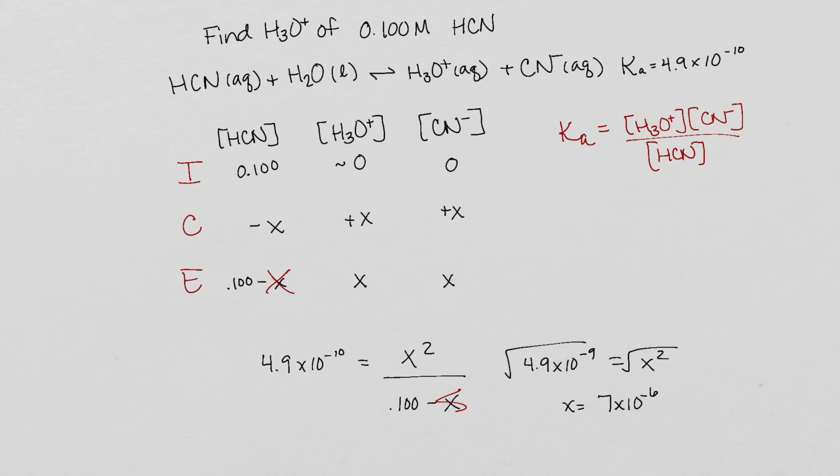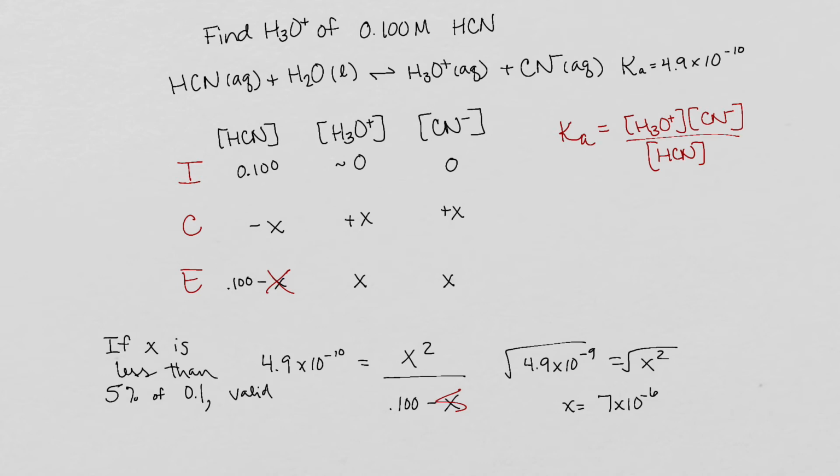And you want that ratio to be less than 0.05 or 5%. So, in other words, if x is less than 5% of the value that you were subtracting it from, so 0.1 in this case, it's valid.